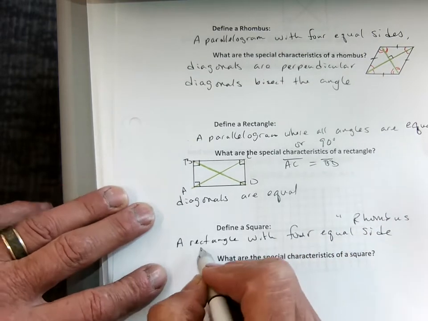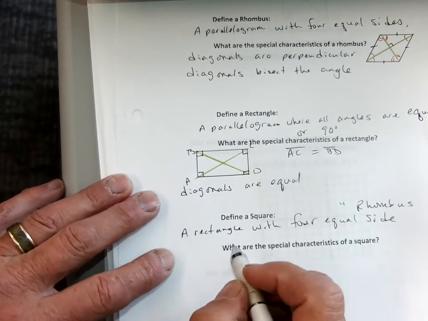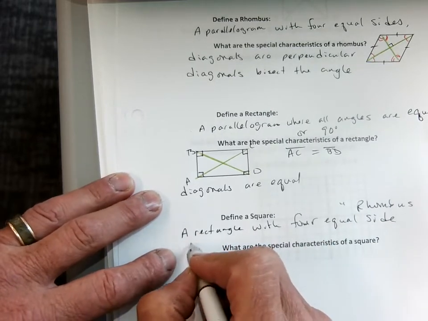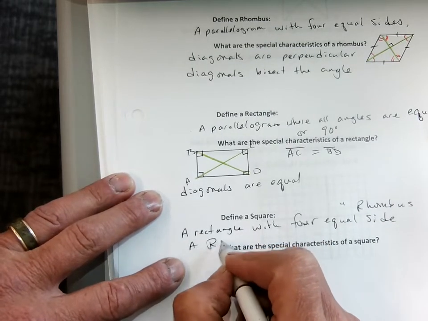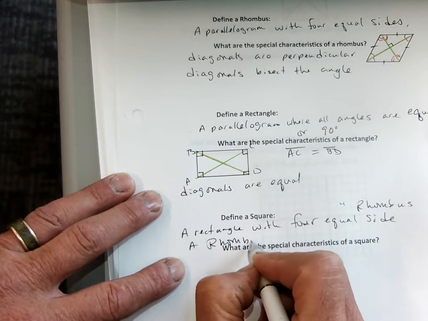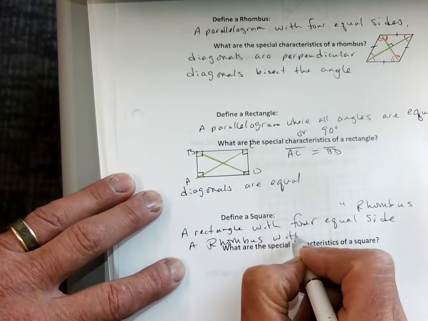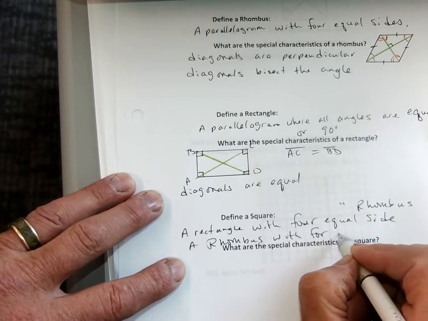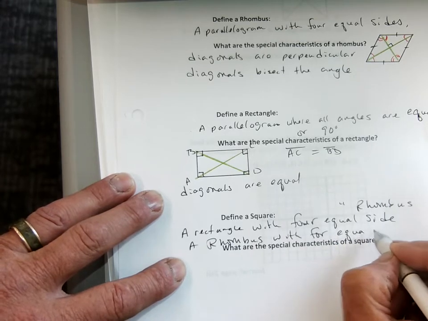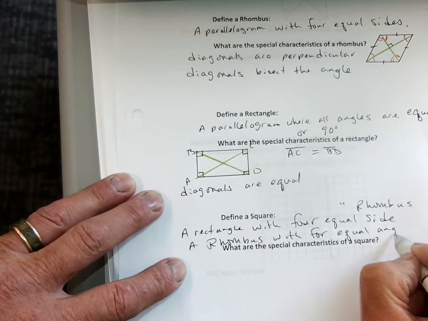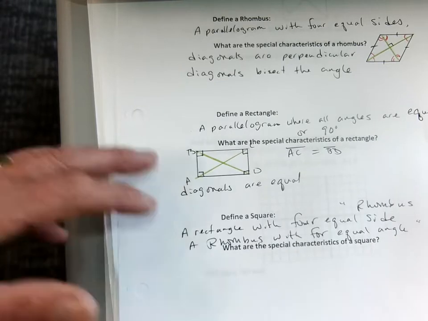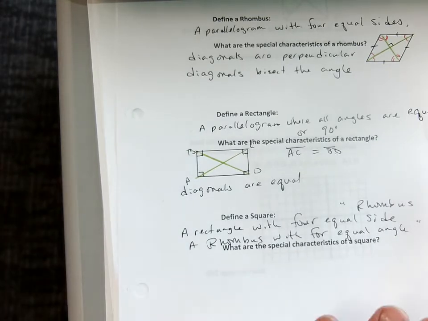Or it's a rhombus that's a rectangle, or it's a rhombus with 4 equal angles, which means it's a rectangle. So it's either a rhombus that's a rectangle or a rectangle that's a rhombus.